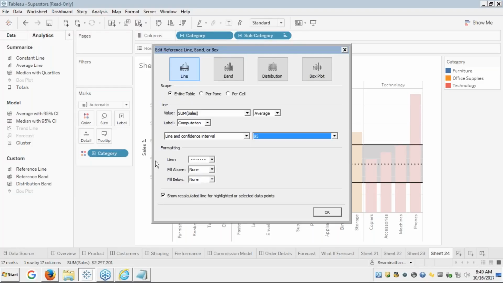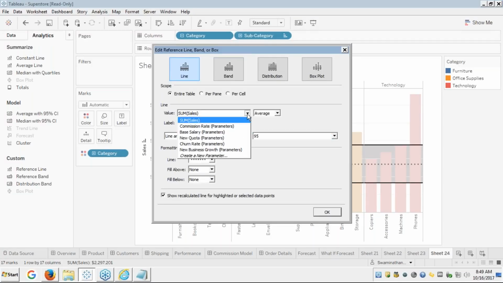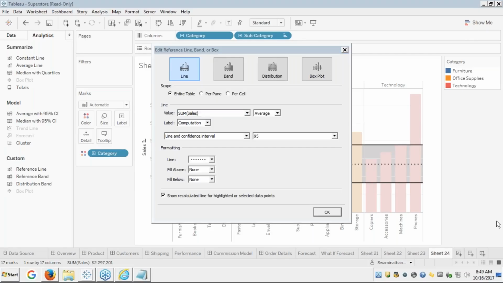You are seeing the sum of sales, average computation, line and the confidence interval, and you are seeing a dotted line here. Similarly, I can check any other measure values. All measures are listed here, friends. So sum of sales or sum of profits, whatever you have, it's getting listed here.